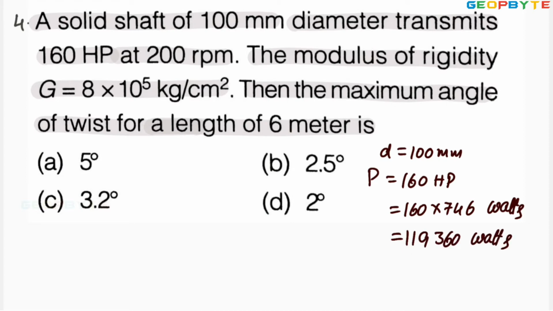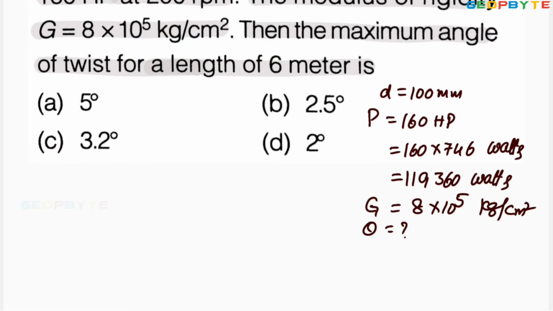That is the power. Then the modulus of rigidity G equal to 8 into 10 power 5 kg per centimeter square. The angle of twist theta equal to how much, for a length L equal to 6 meter equal to 6000 millimeter.